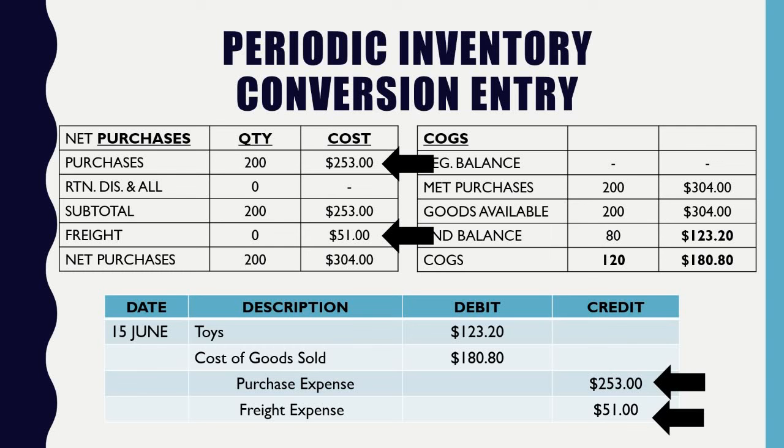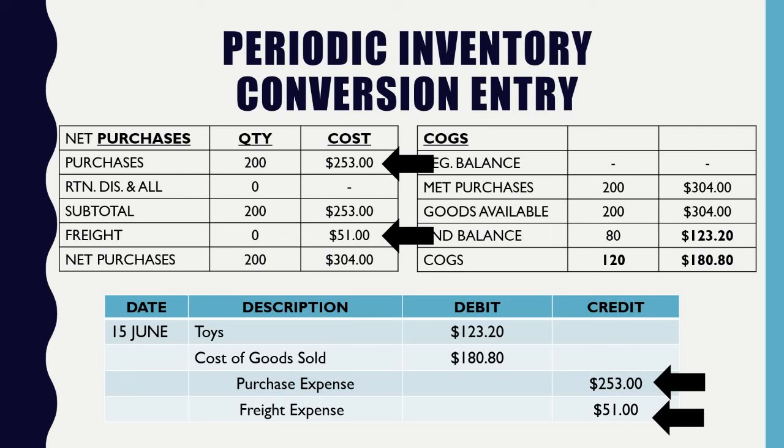And of course, because freight is considered a separate cost, I also am going to zero that out, because this was part of the cost of inventory. So I'm going to zero that out too with the $51. And you'll notice at the end of the day, both your debits and your credits are going to match at 304.